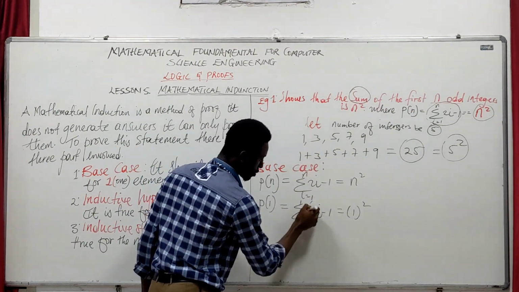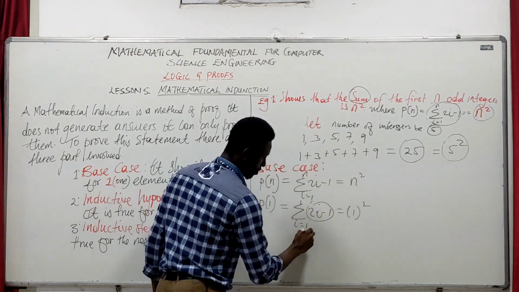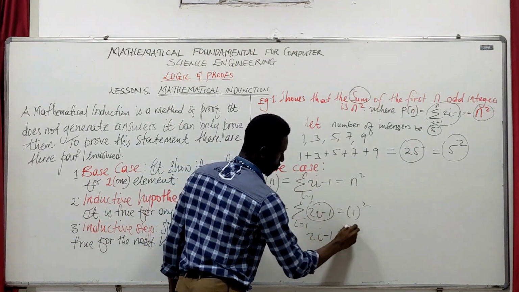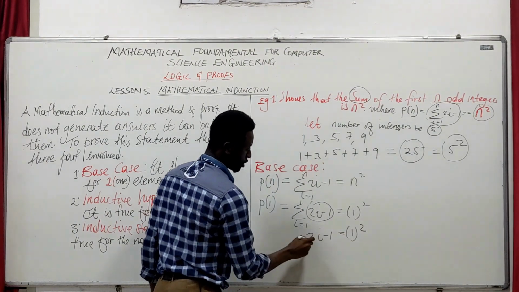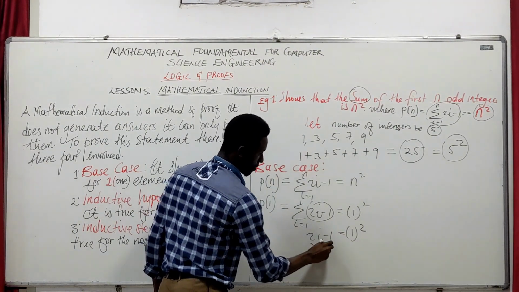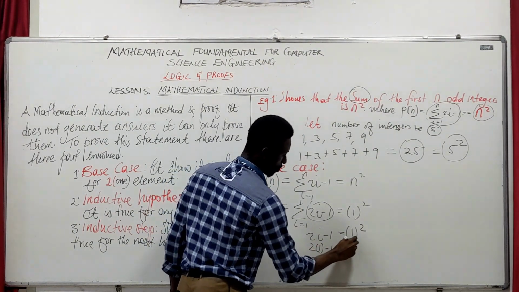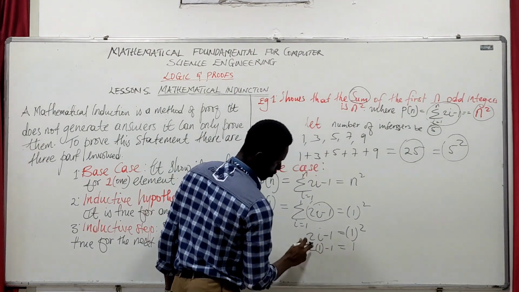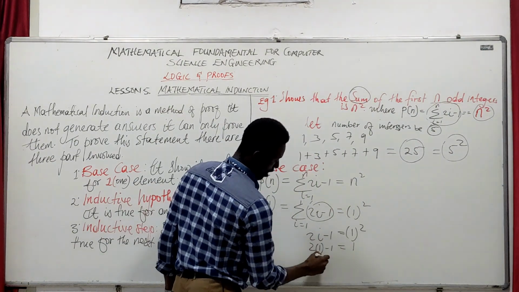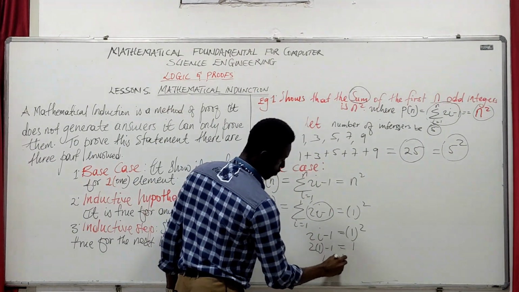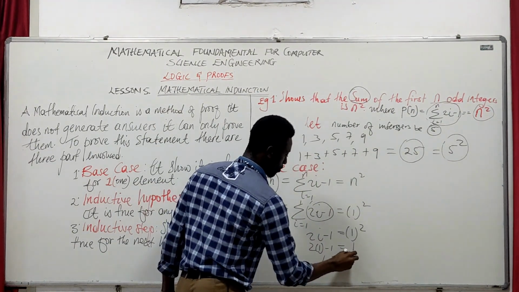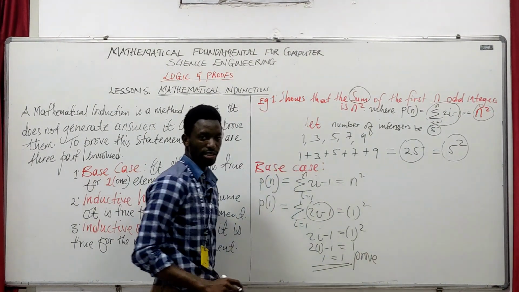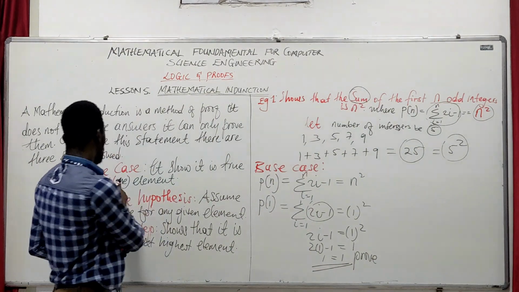So we move this equation here: 2I minus 1 is equal to 1 squared. But I is 1, so 2 into 1 minus 1 is equal to 1. 2 times 1 is 2, 2 minus 1 is just 1, equals 1. So this first rule shows that it is true for one element.